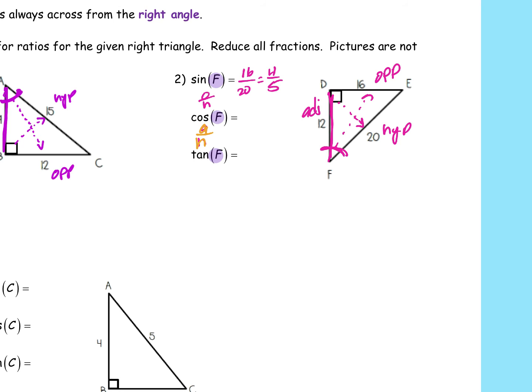Adjacent is 12 over 20, which simplifies to 3/5. And then tangent is opposite over adjacent. So opposite is 16. Adjacent is 12. 4 goes into both of those, so that would be 4/3.